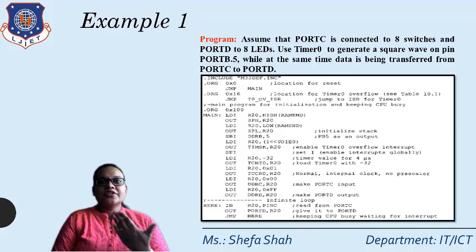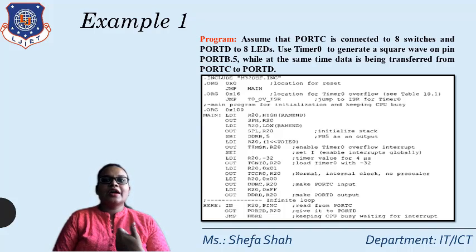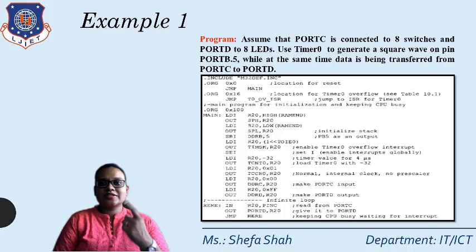Now we are generating the square wave on port B fifth bit, so we have an output on port B fifth bit. Here we have declared SBI DDRB, 5, which means the port B fifth bit is set to 1, so it will work as an output.